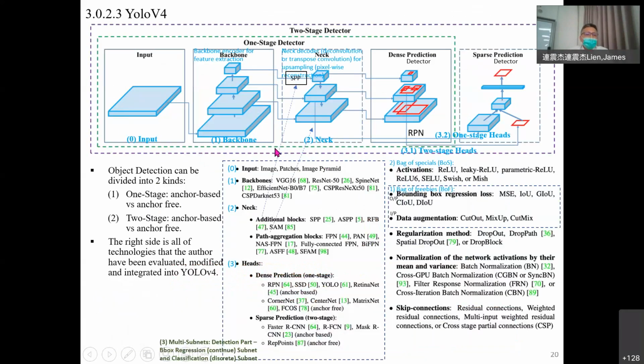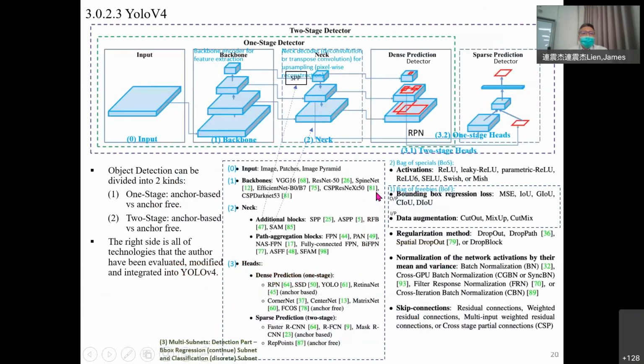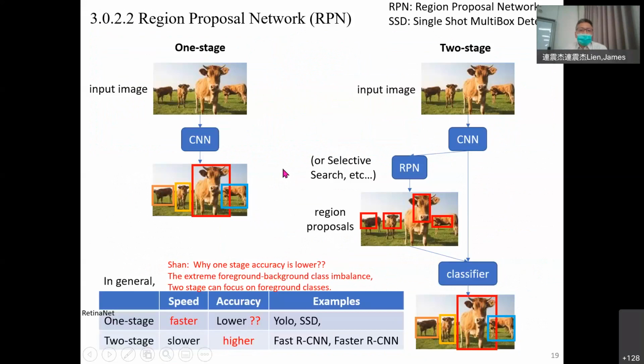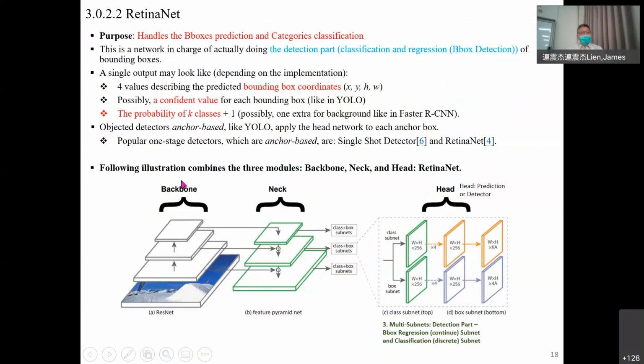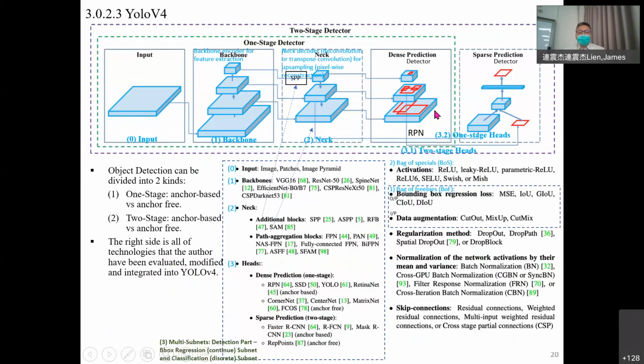So because we have this kind of concept, from RetinaNet, we have a backbone, neck, head. And the anchor is here, the bounding box here, because we have a box. So after RetinaNet, YOLO V4 has a good contribution because they are more modularized.